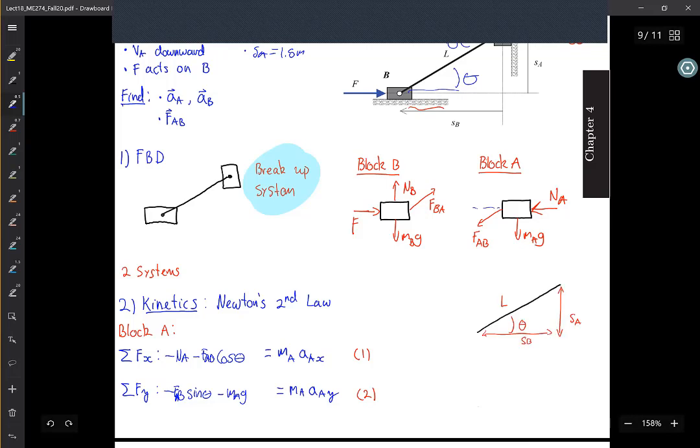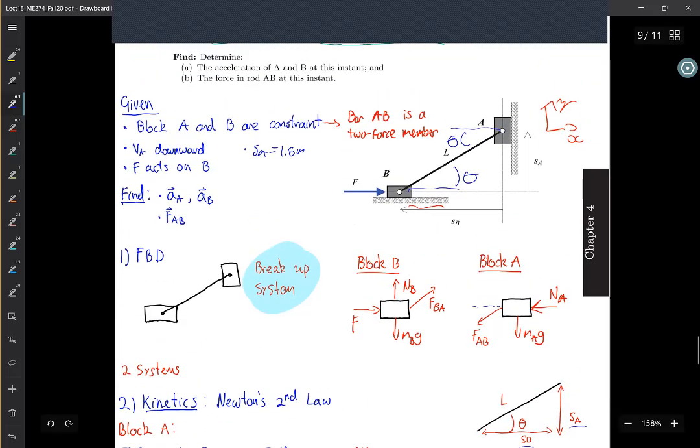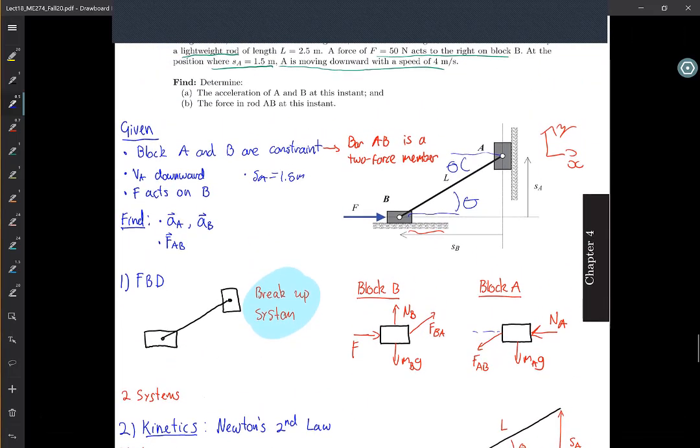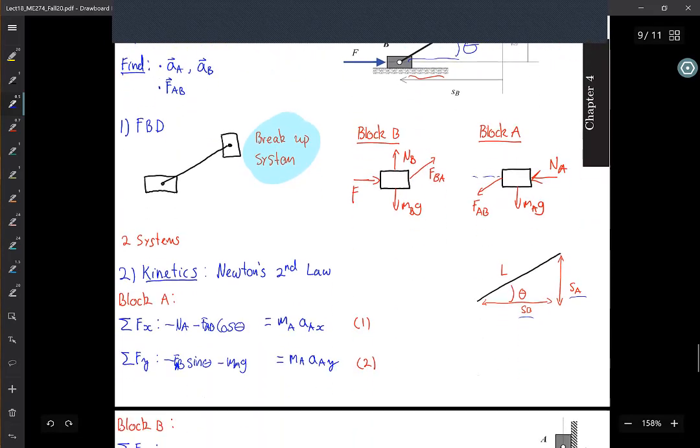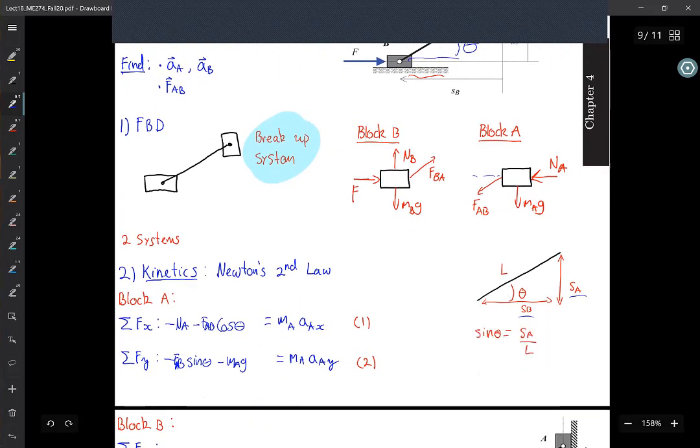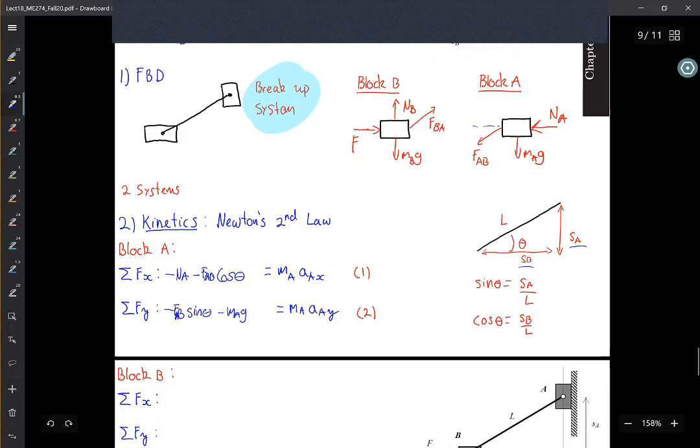And we have the geometry, right? So the angle we can find with S_A and S_B. We're given the length, so we can find S_B. We need to do some trigonometry to get S_B, but it's not difficult.